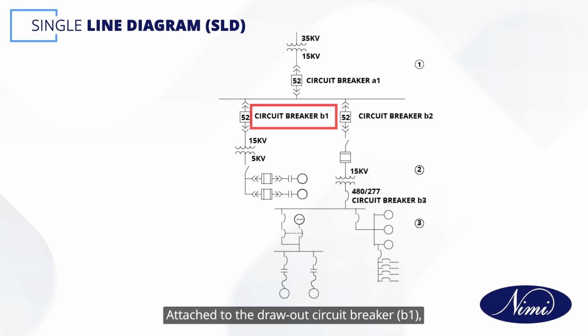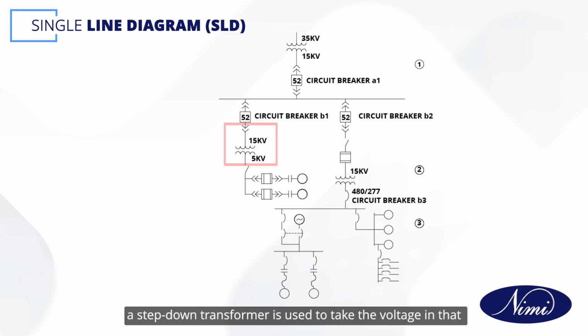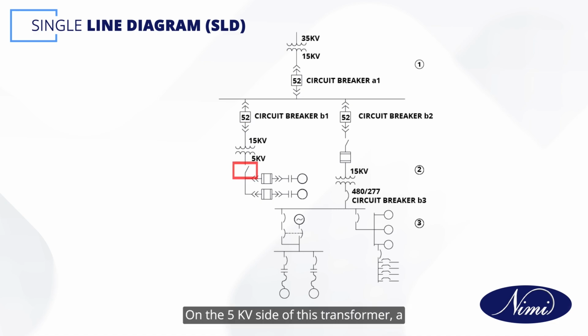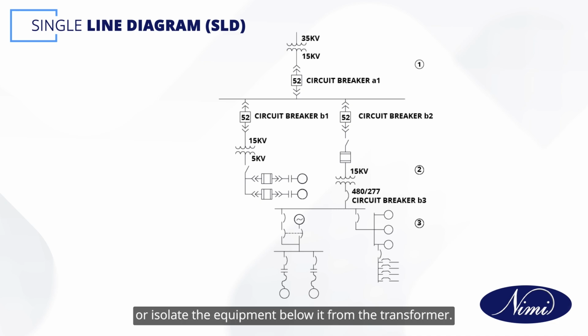Attached to the draw-out circuit breaker B1, a step-down transformer is used to take the voltage in that area of the system from 15 kV down to 5 kV. On the 5 kV side of this transformer, a disconnect switch is shown, which is used to connect or isolate the equipment below it from the transformer. The equipment attached to the lower side of the disconnect switch are two medium voltage motor starters.